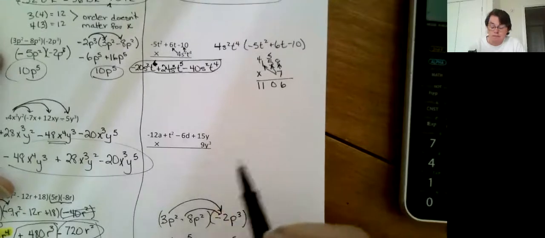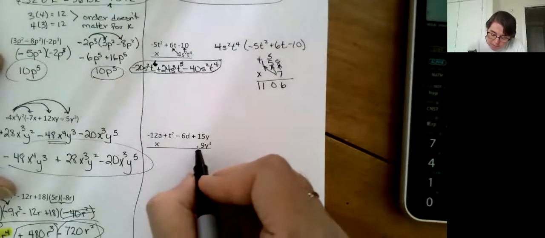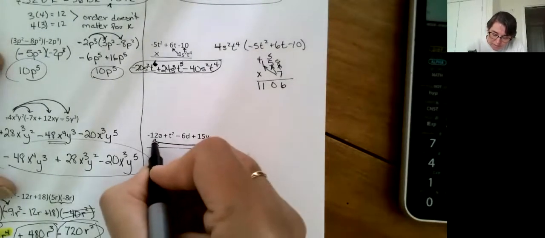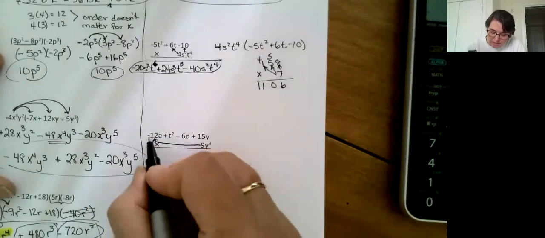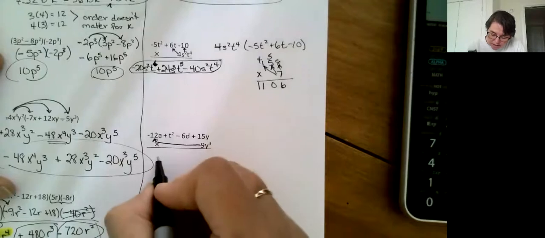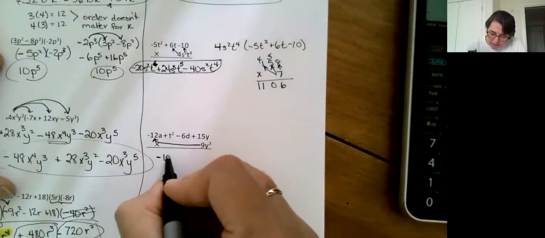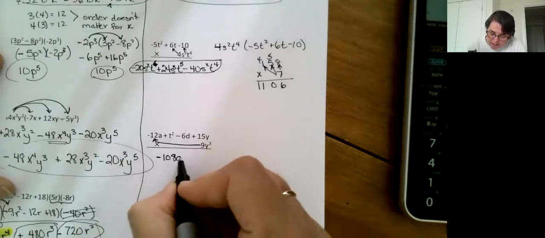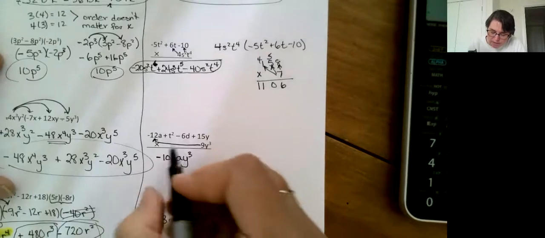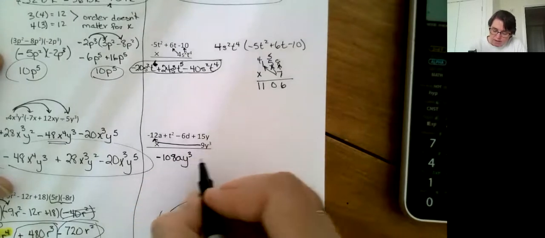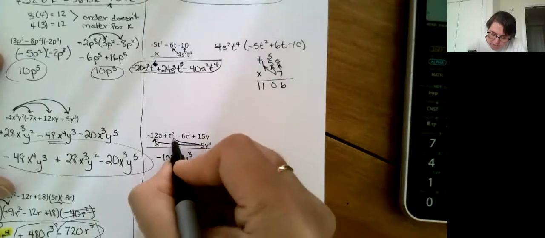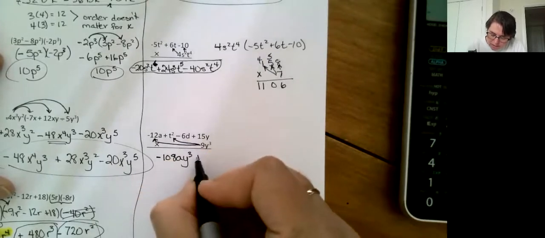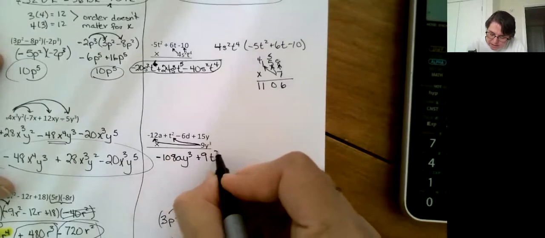I'm going to be a radical. I'm going to try something different this time. I'm going to go this one first. I just didn't like how it was weird and squishy working that way. So negative 12 times 9 is negative 108 a y^3. Bring down the a, bring down the y because there's nothing in common. Now we're going to go this one times this one, plus 9t^2 y^3.